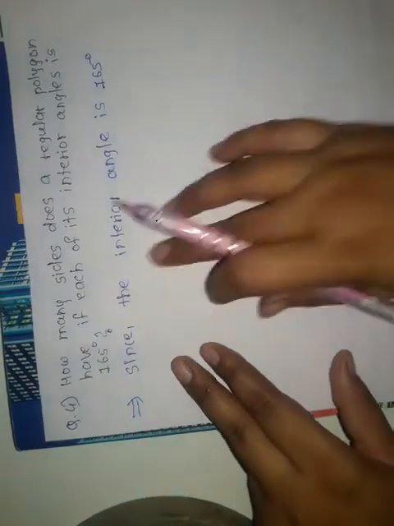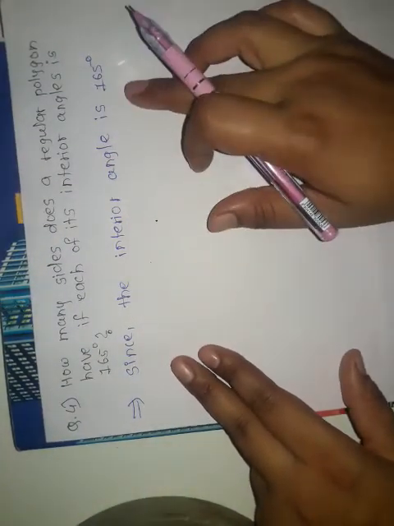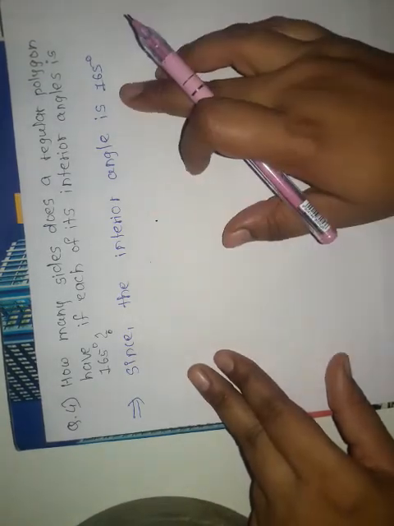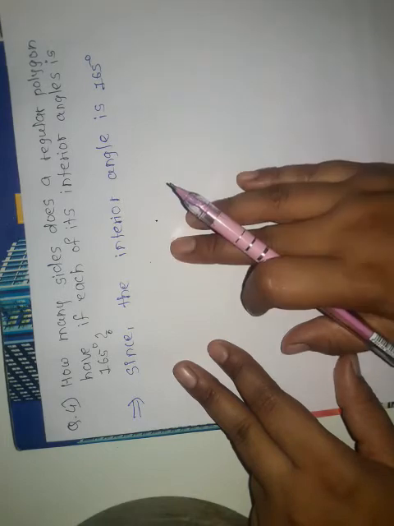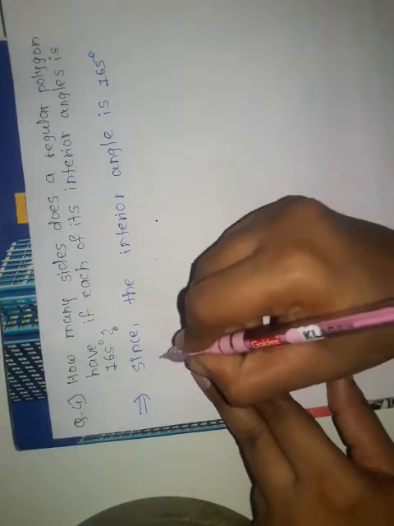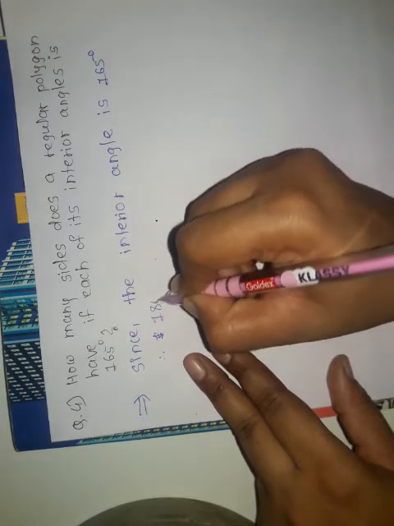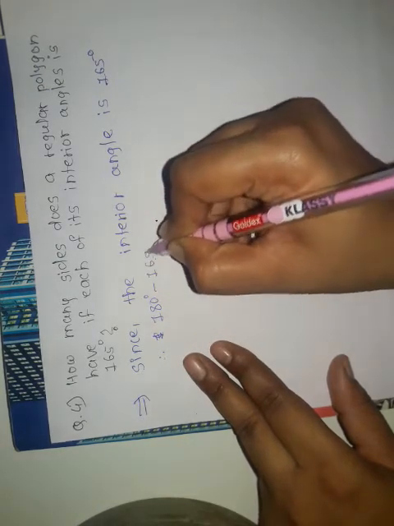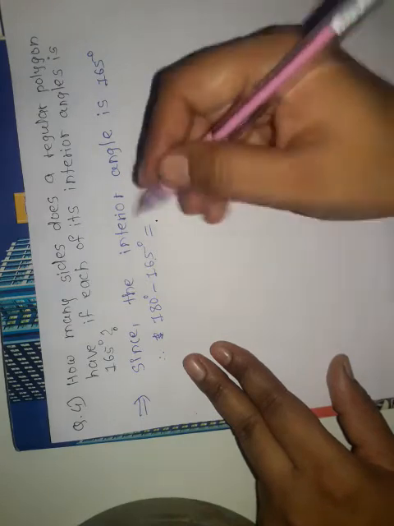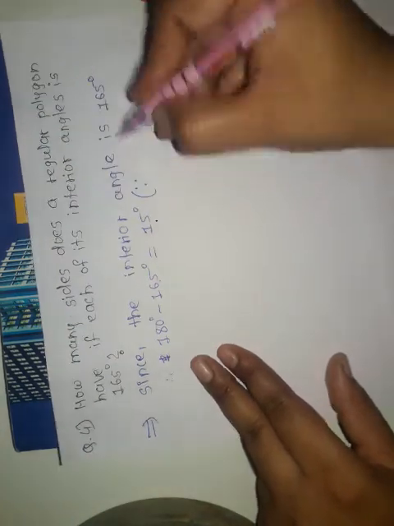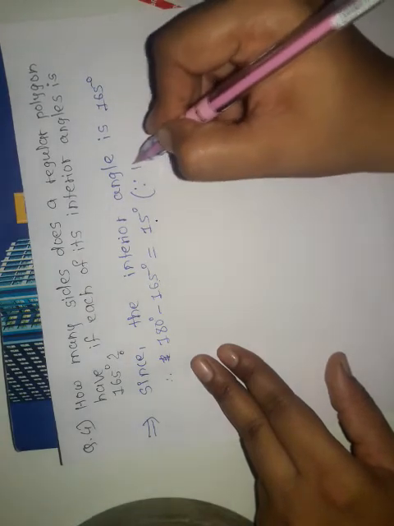So if the interior angle is given to us, how can we find the exterior angle? This interior angle and exterior angle are in a linear pair. So write down, therefore, 180 degrees minus 165 degrees is equal to 15 degrees, since the linear pair property.